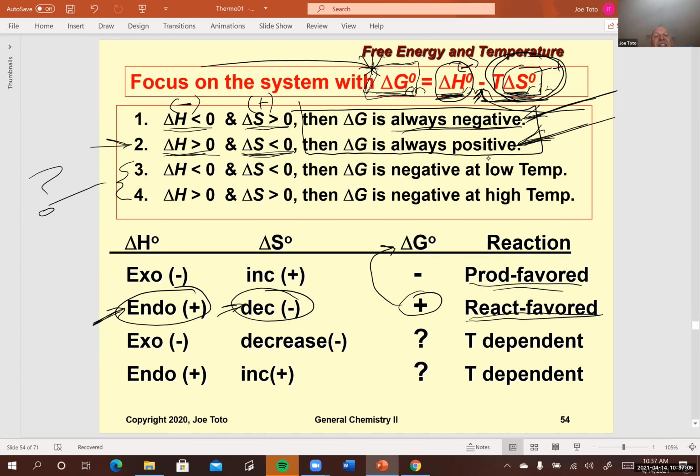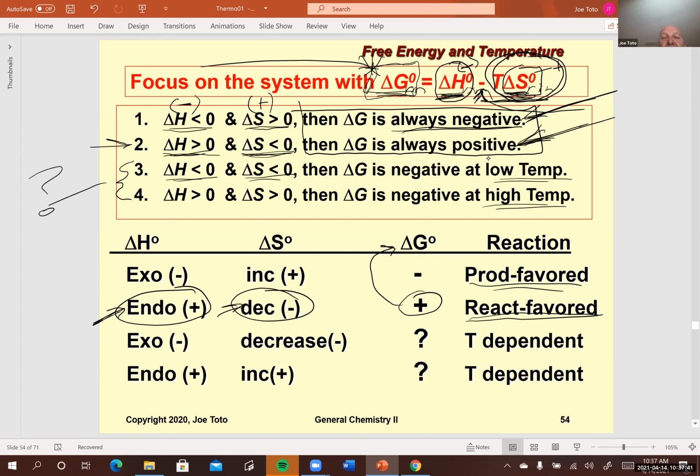because you don't know what the sign of delta G is going to be from just the signs of delta H and delta S. Why don't you know? Does anybody have an idea? Well, because if the temperature is a smaller number, it could be smaller than delta H and come out positive, but if it's larger, it would come out negative. Yeah, okay, so you got it. It's temperature dependent.